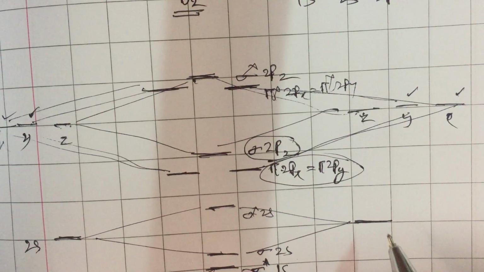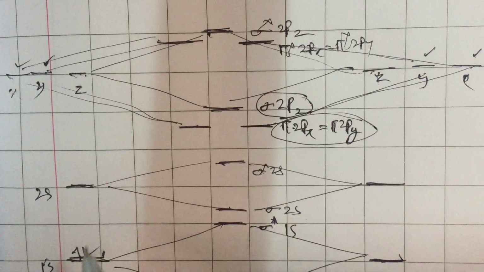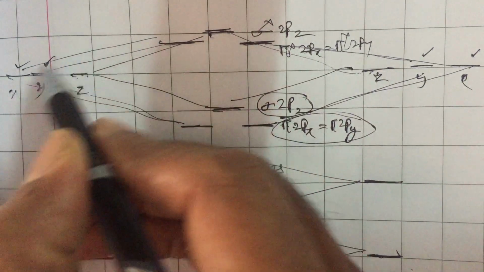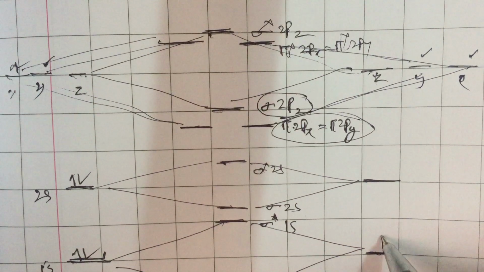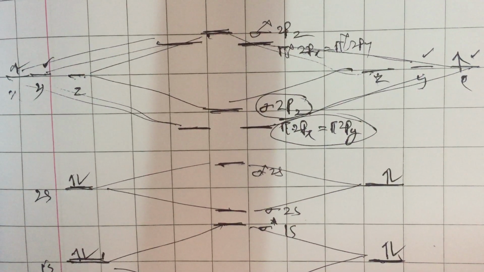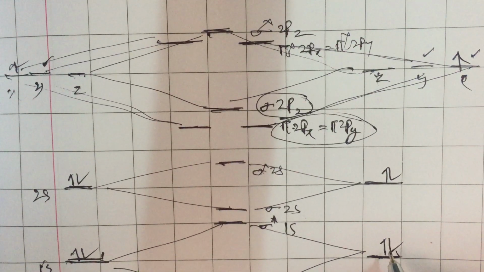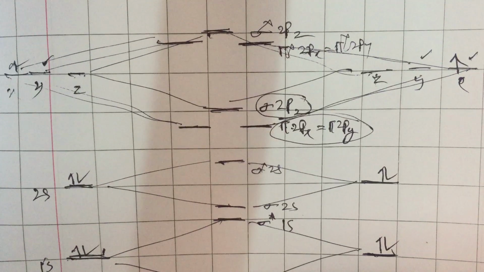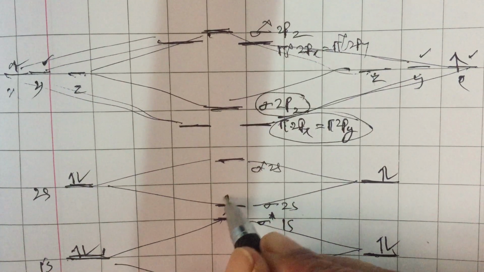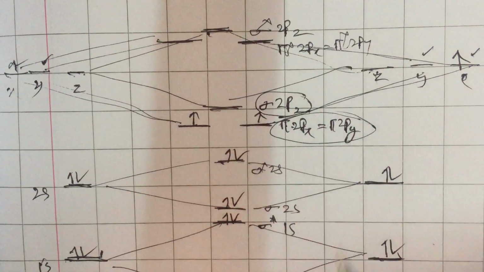And now, if you are looking at boron whose electronic configuration is 1s2, 2s2, 2p1, another boron 1s2, 2s2, 2p1, atomic orbitals, I have a total of 10 electrons. I fill them like 1, 2, 3, 4, 5, 6, 7, 8, 9, 10.